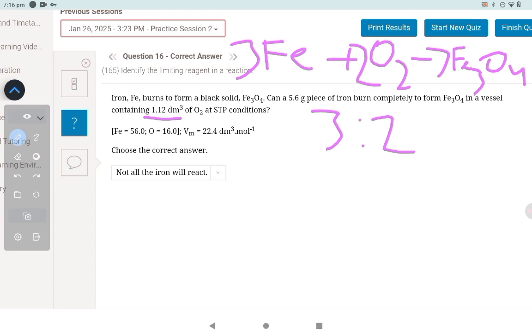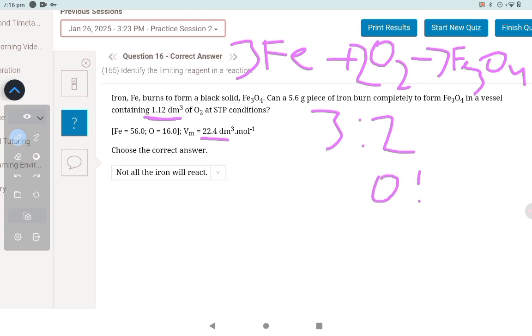Okay, how much iron would completely burn? So we need to find the moles of oxygen. We have the volume here, divide that by the STP 22.4. So 1.12 divided by 22.4, that is to find the moles, and we get 0.05.